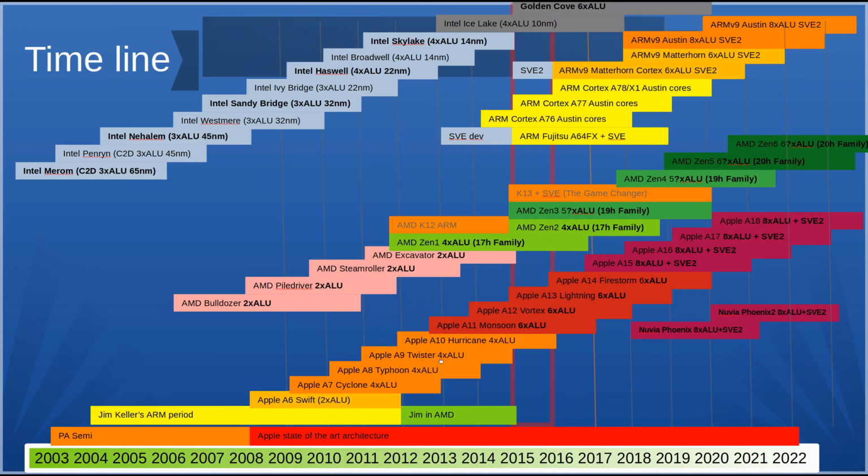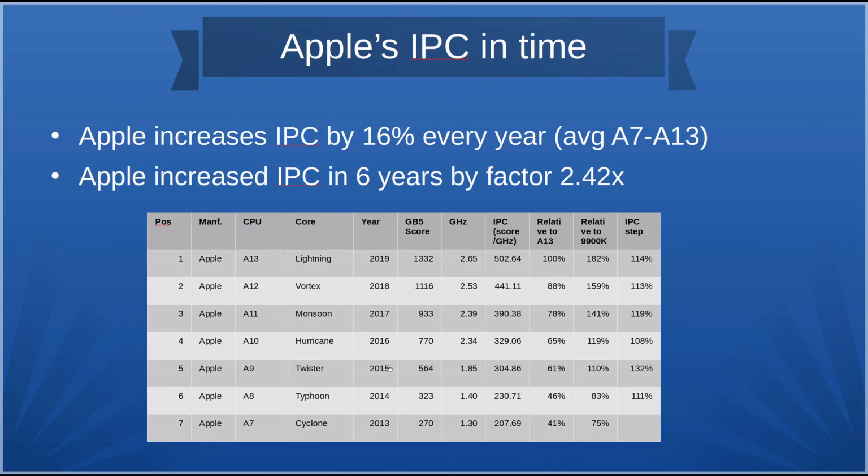And yeah, let's see the numbers, because those numbers are really interesting. And we can see here Apple A7 and Apple A8 was an 11% uplift. This was just a small evolution. The big redesign of the 4 ALU architecture was the Apple A9 Twister, and it brought 32%.